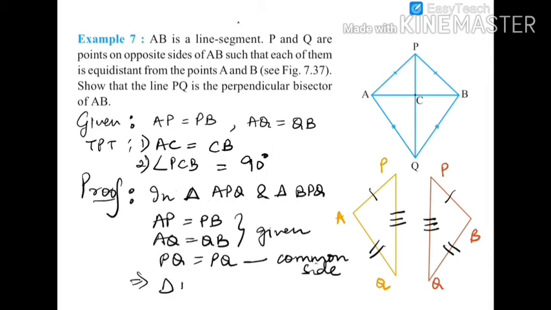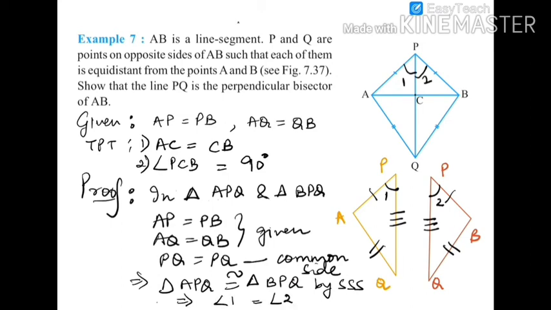So triangle APQ is congruent to triangle BPQ by SSS. So we can say that angle 1 is equal to angle 2, as they are corresponding parts of congruent triangles. So we have shown these two angles equal.